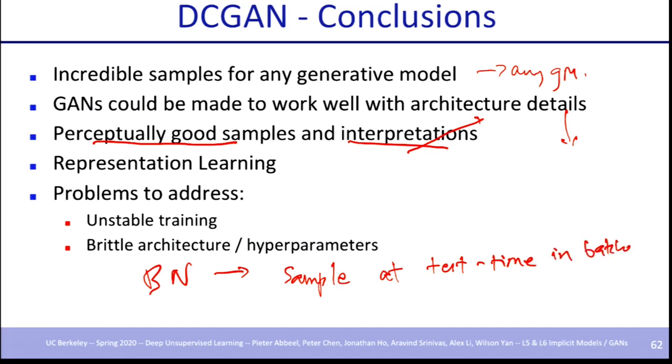What this means is, in supervised learning, if you use batch norm, you use a running average of your batch statistics at every layer, and then you use just those statistics at test time. But in generative models, the DCGAN authors didn't use the training time statistics. They just sampled again in batch mode at test time. So they would sample a batch of Z's, pass it forward through the generator and get the images. And the batch norm is going to happen over whatever samples you feed in.